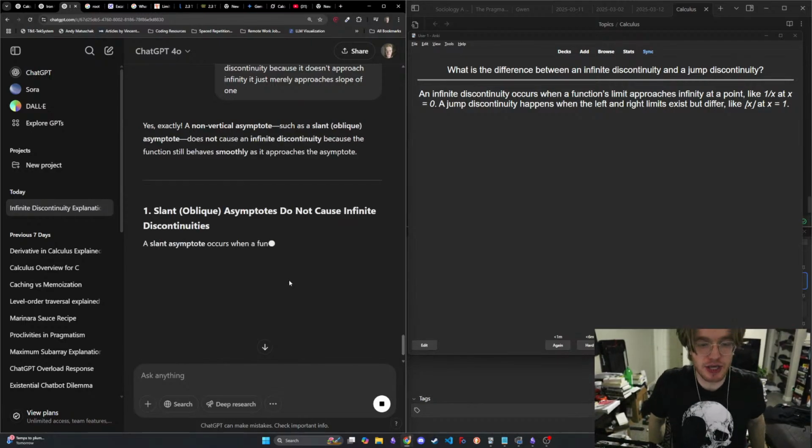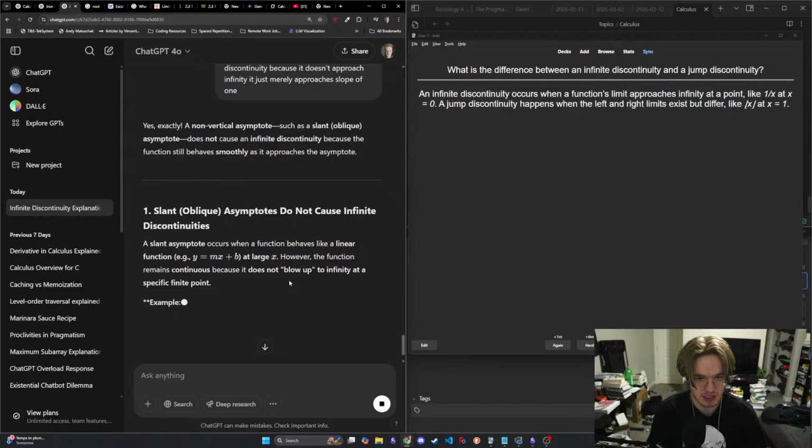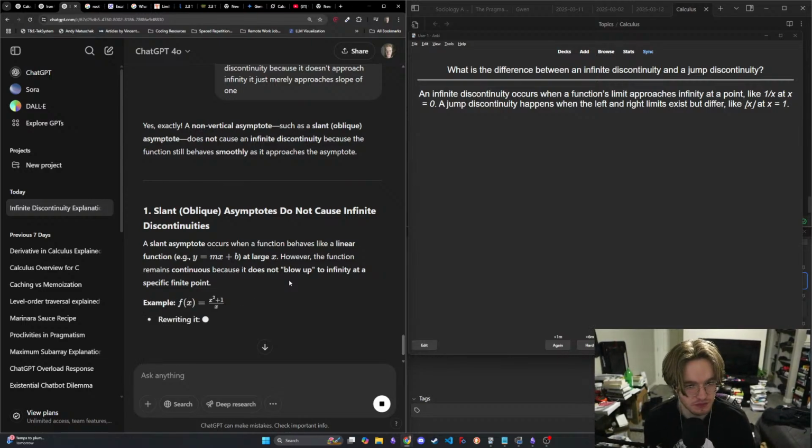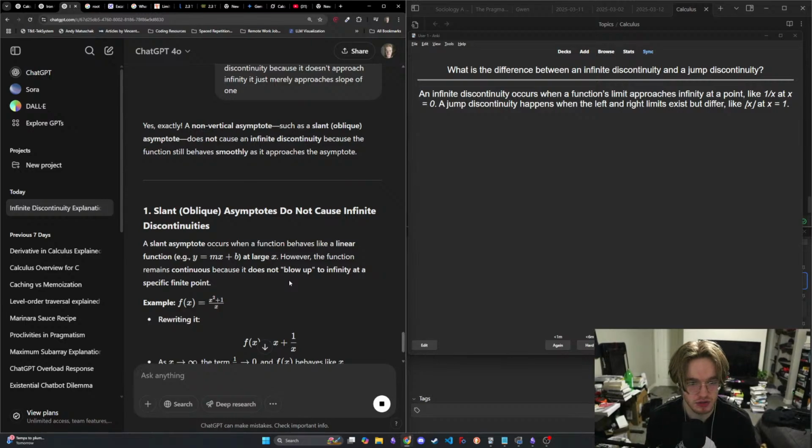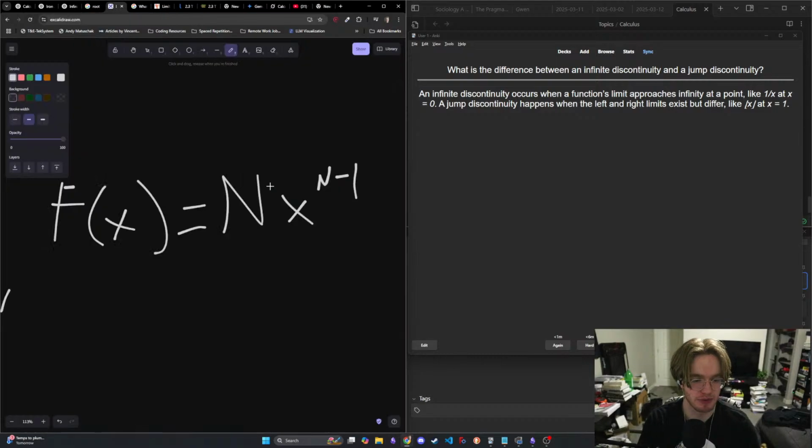I see. Okay, so I'm still not 100% sure of how this is a discontinuity, because I can understand that these functions can quickly blow up, meaning they quickly approach infinity. Like, for example, this right here.